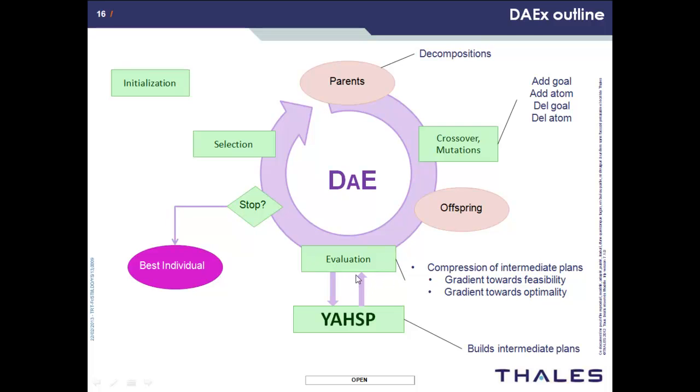It consists in first compressing all the intermediate plans produced by the embedded planner, and then evaluating the resulting plan. If the plan is feasible, which means that YASP, the embedded planner, found solutions for all intermediate subproblems, then the evaluation is made in terms of solution quality, makespan for example.